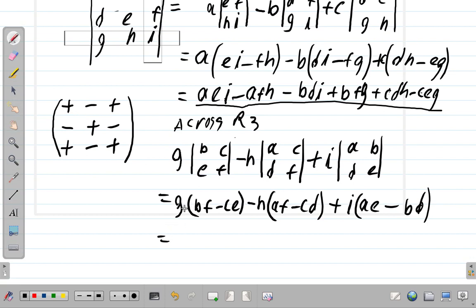What we have here is BFG minus CEG, putting them in alphabetical order, right? Minus AFH.